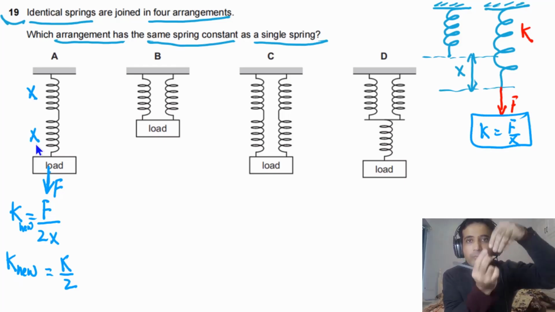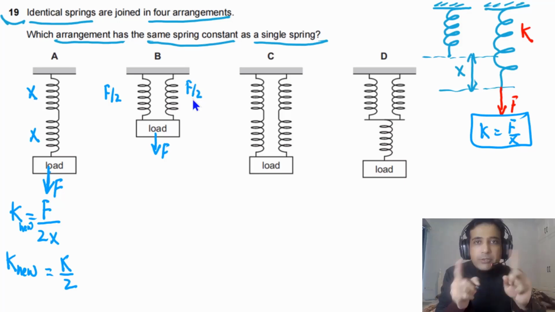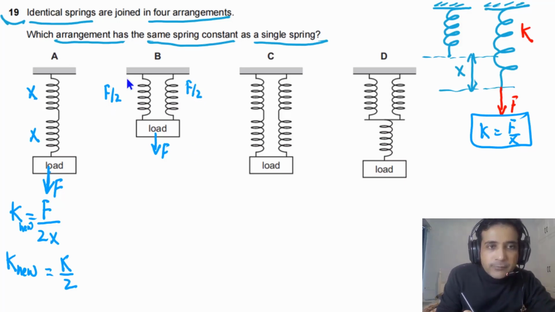Now if you look at this arrangement, in this case again we apply the same force F. So the force on this spring will be F by 2 and the force on this spring also will be F by 2. Means force will be divided into two parts. As the force on this one is half and the force on this one is half, the extension also will be half: X by 2 in each.